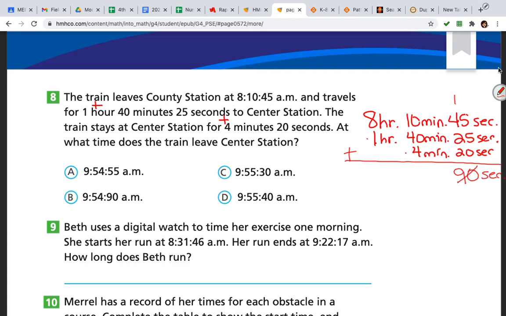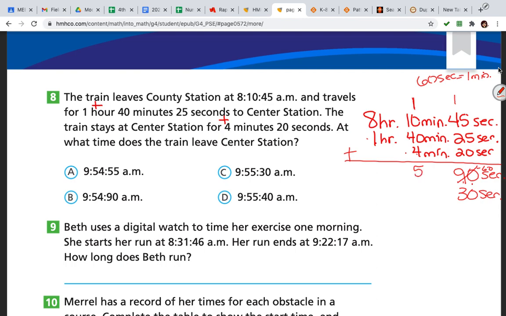So let's go ahead and convert it. So 90 seconds, take away 60 seconds, leaves me 30 seconds. I'm going to go ahead and add that 1 minute. Remember, 60 seconds equals 1 minute. So we took away 60 here. Take away 60, we get 30. We're going to add 1 minute to here, so plus 1. So let's add 4 minutes plus 1. 4 plus 1 is 5.